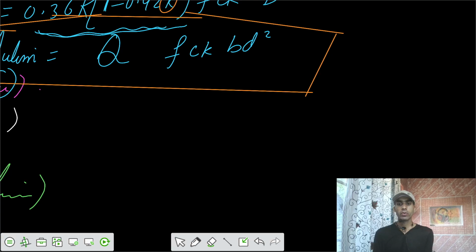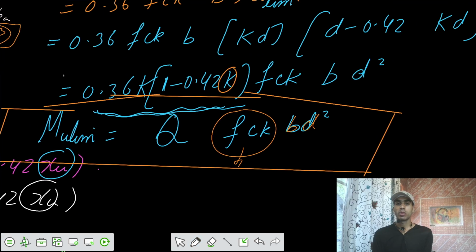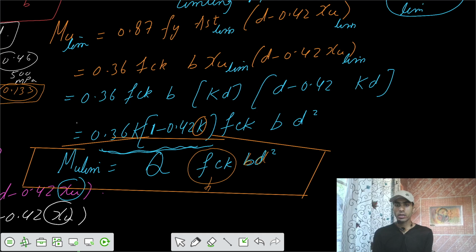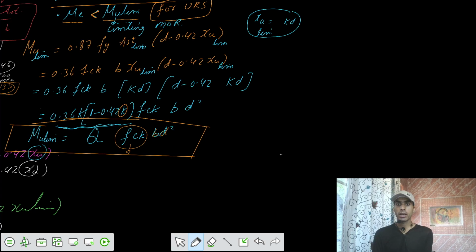So we got the value of Q, and we know the characteristic compressive strength of the concrete. We already know the dimensions b d square, so we can get the value of Mu limiting. Then we compare that Mu limiting with the M external.